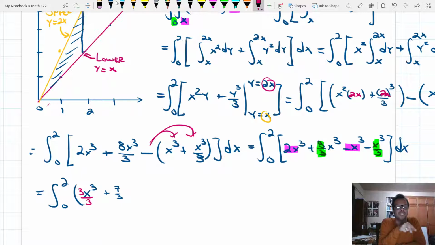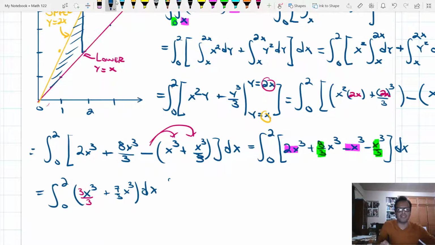This x cubed is the same as saying 3/3 x cubed plus 7/3. This is going to give us, oh, I forgot the x cubed.